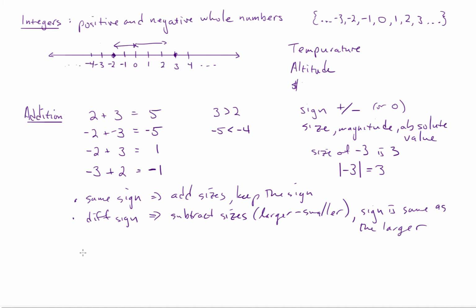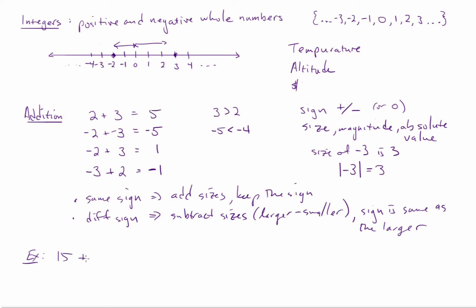That's it. So we can see that when you're using addition with integers, you could end up with the actual operation being subtraction. So let's look at another quick couple examples.